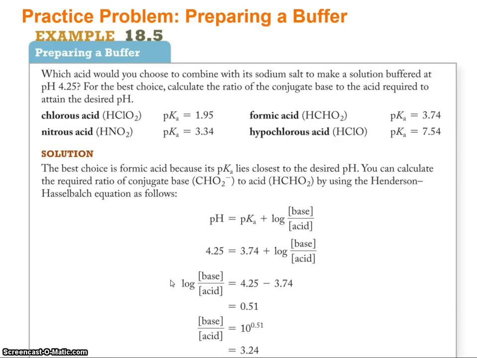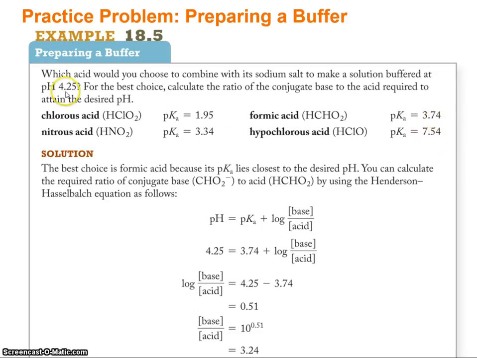Right? So, which acid would you choose to combine with sodium salt to make a buffered solution at a pH of 4.25? For the best choice, calculate the ratio of the conjugate base to the acid required to attain the desired pH. Right, so I want 4.25. I've got chlorous, which is 1.95, nitrous, 3.34, formic, 3.74, hypochlorous, 7.52.